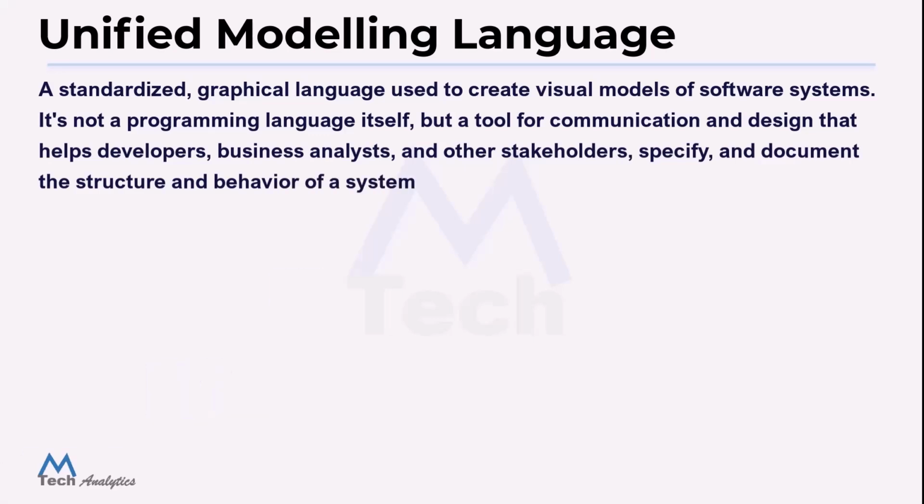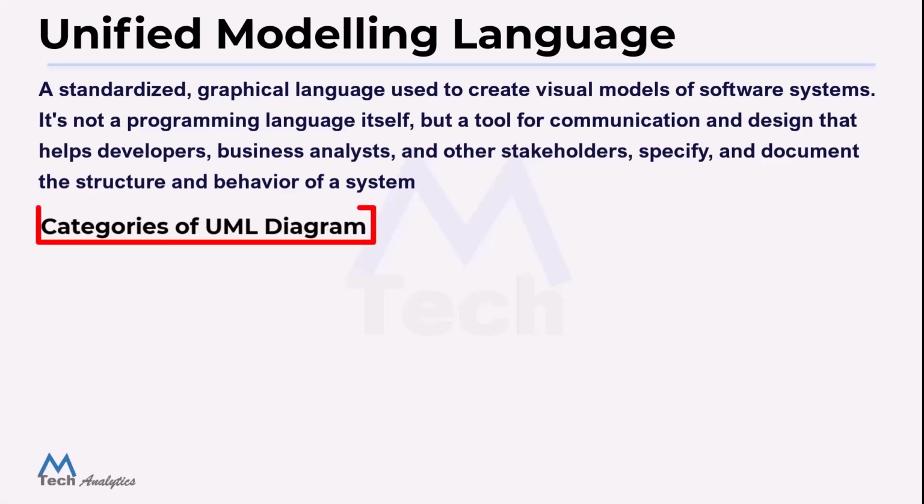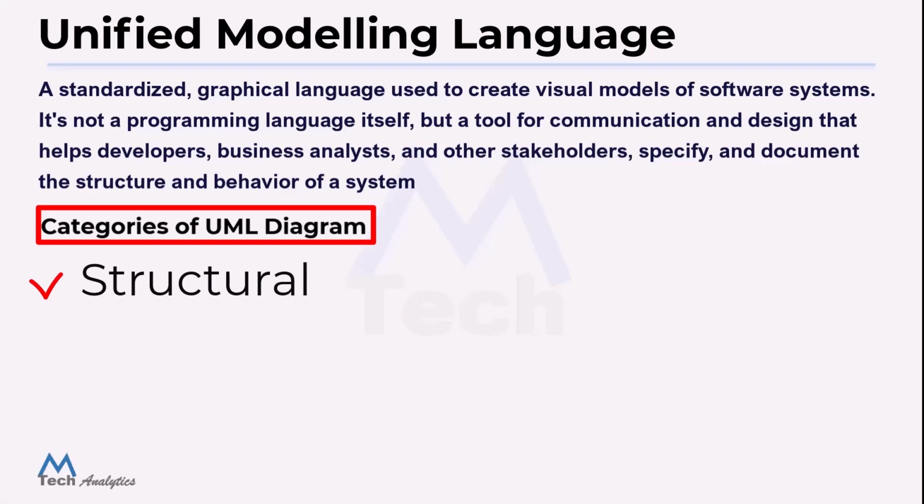You need to understand that UML diagrams consist of 2 categories: the structural diagram and the behavioral diagram. The class diagram that our question requires falls under the structural diagram.